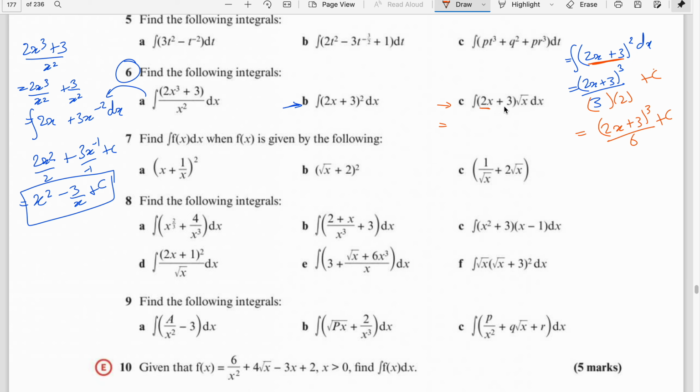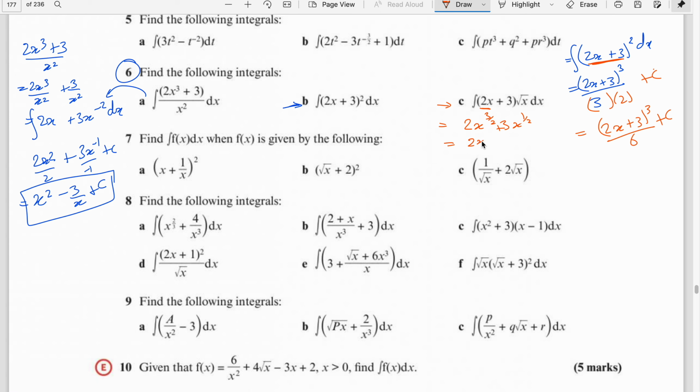For part C, first we can multiply these two. This is 2x, that is x raised to power 1 by 2. So when bases are the same, powers are added. 1 by 2 plus 1 would be 3 by 2, and plus 3x raised to power 1 by 2. We can integrate this, add 1 to the power: 3 by 2 plus 1 is 5 by 2.